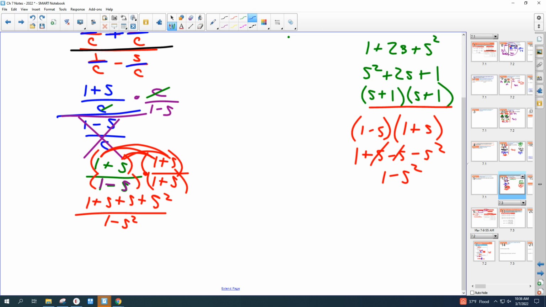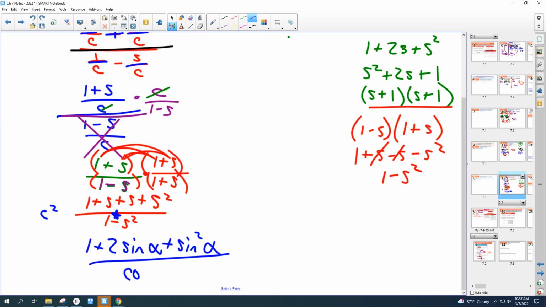So I'm going to code switch. I'm going to put it back into trig again. S plus s is 2s. So I'm going to have 1 plus 2 sine alpha plus sine squared alpha. Remember, s is representing sine alpha. And on the bottom, I know 1 minus s squared is c squared.